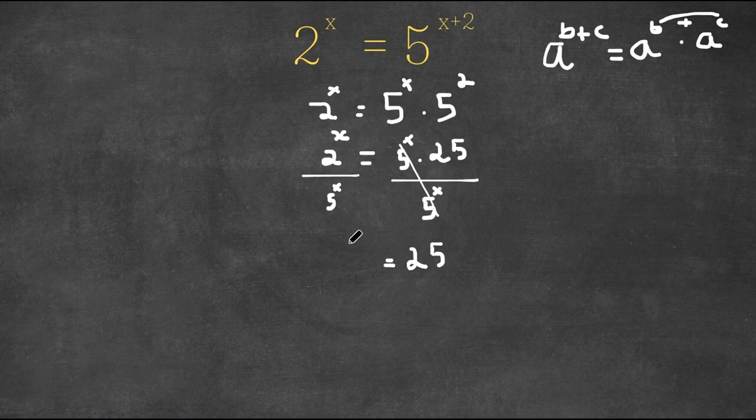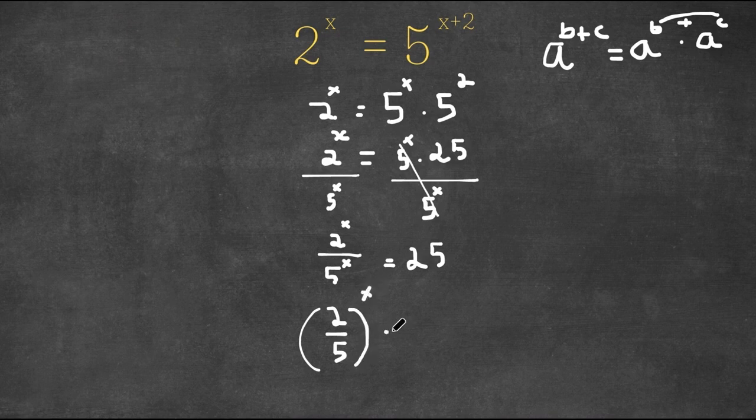And on our left-hand side, we'll have 2 to the x over 5 to the power of x. And this can actually be written as 2 over 5, whole power x. And this is equal to 25.